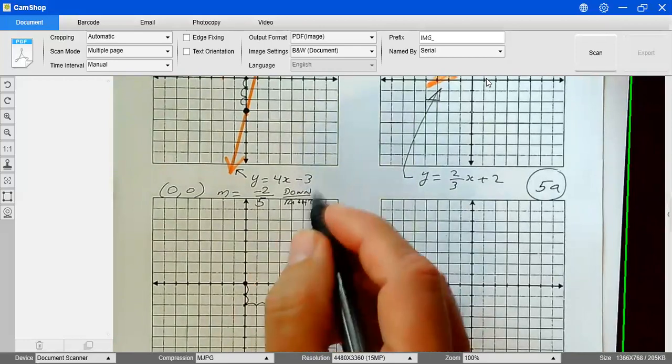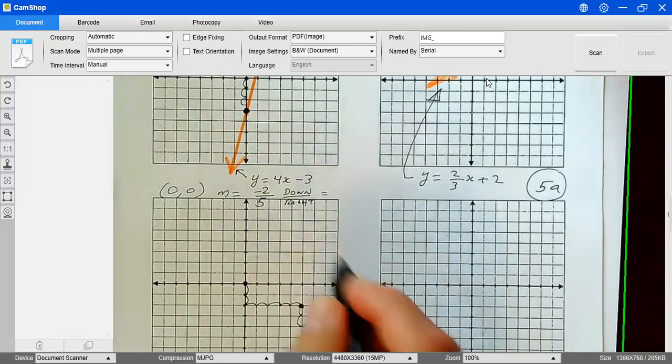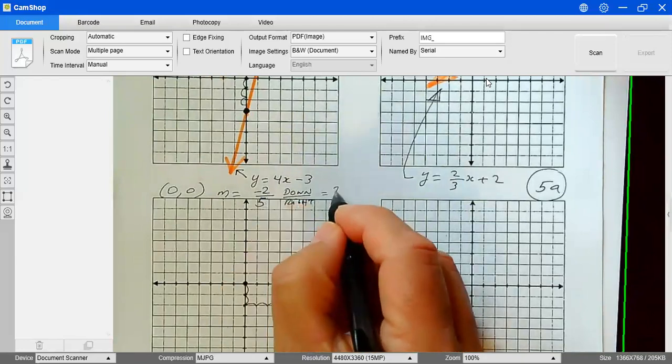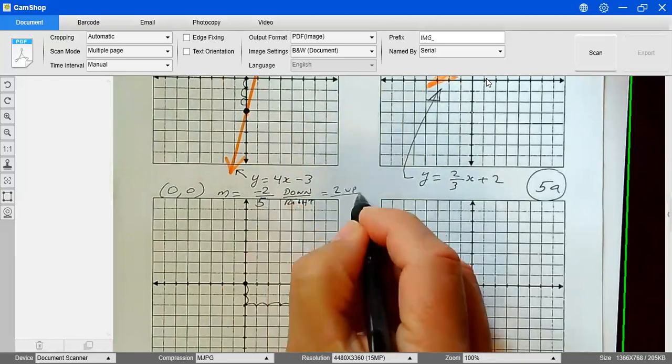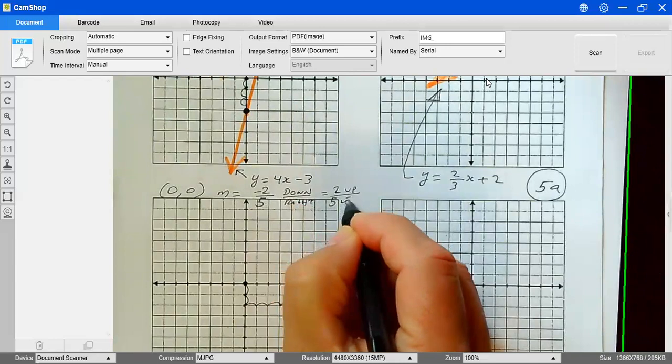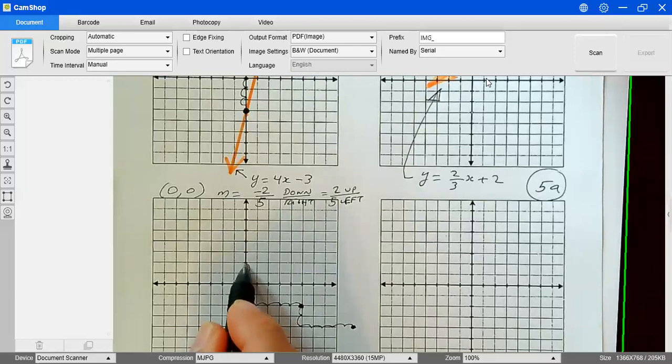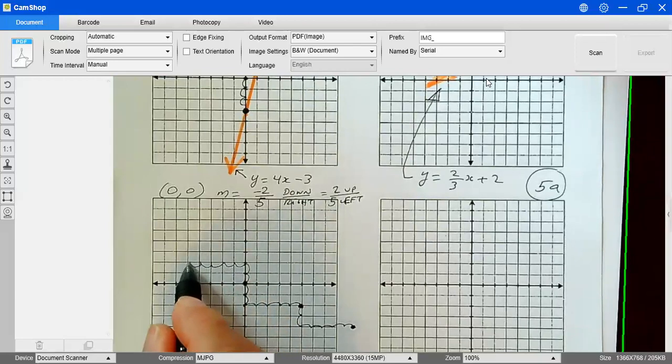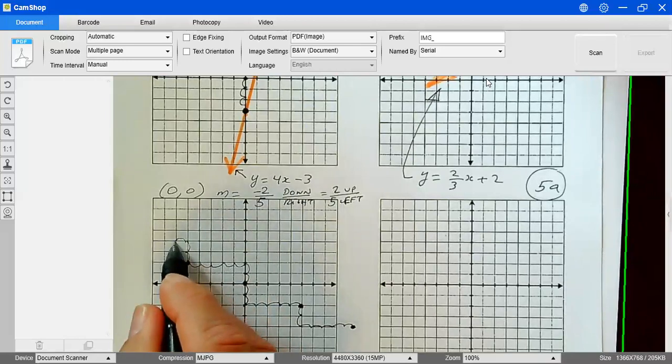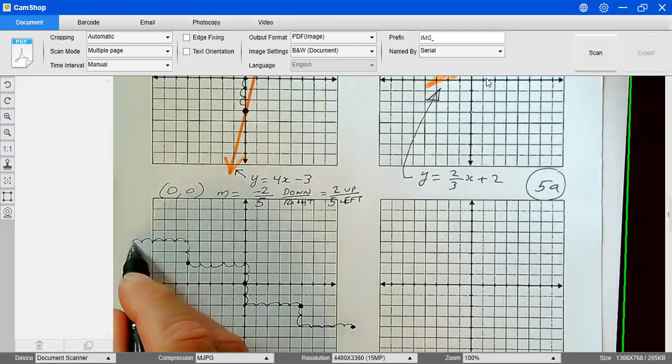But you can use the other recipe, where you have 2 up and 5 left. So now starting again at the intersection, the y-intercept, 2 up, 5 left. 1, 2, 3, 4, 5. 2 up and 5 left. 1, 2, 3, 4, 5.